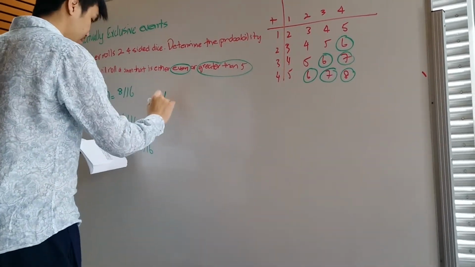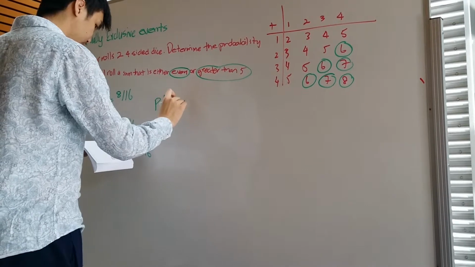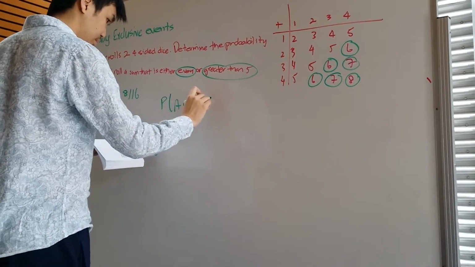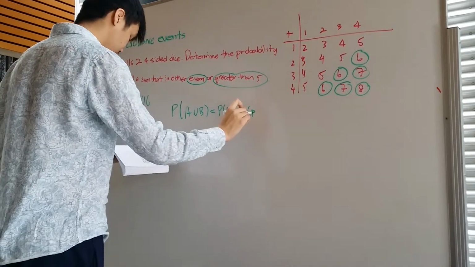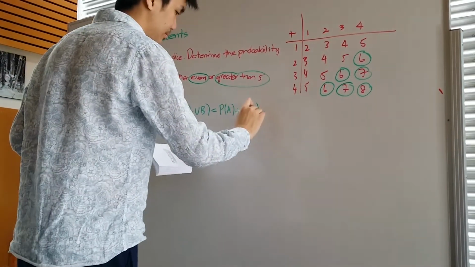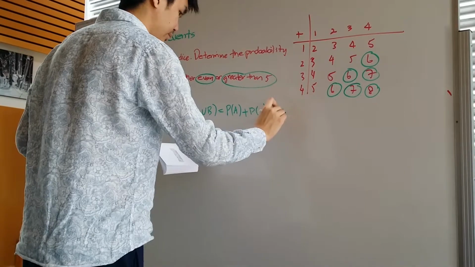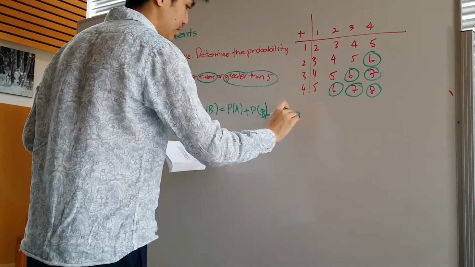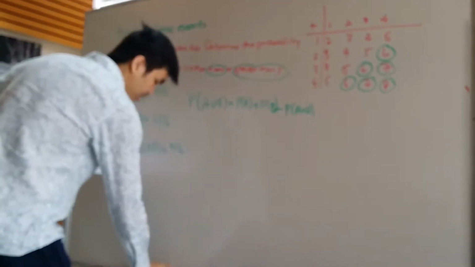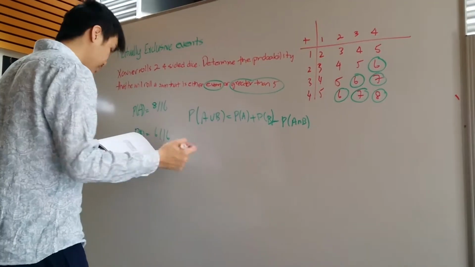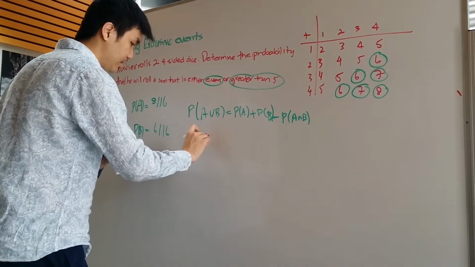So, the probability of A or B equals the probability of A plus the probability of B minus the probability of A and B, which is the overlap.